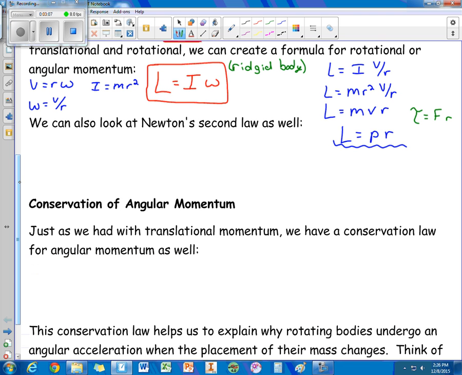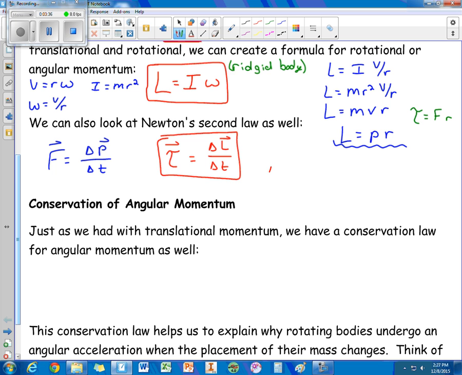All right, we can also take a look at Newton's second law. Remember that Newton originally wrote his law as being delta P over delta t. Well, we can do the same thing for angular momentum. Instead of a force, we have a torque, and that equals delta L over delta t.